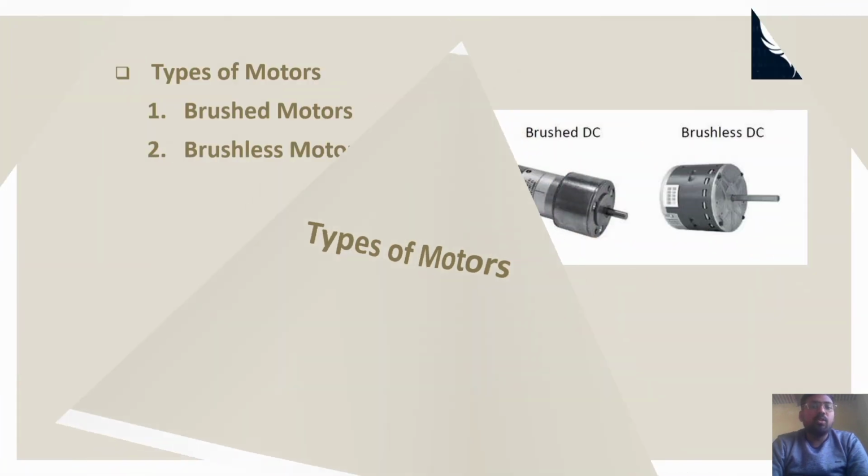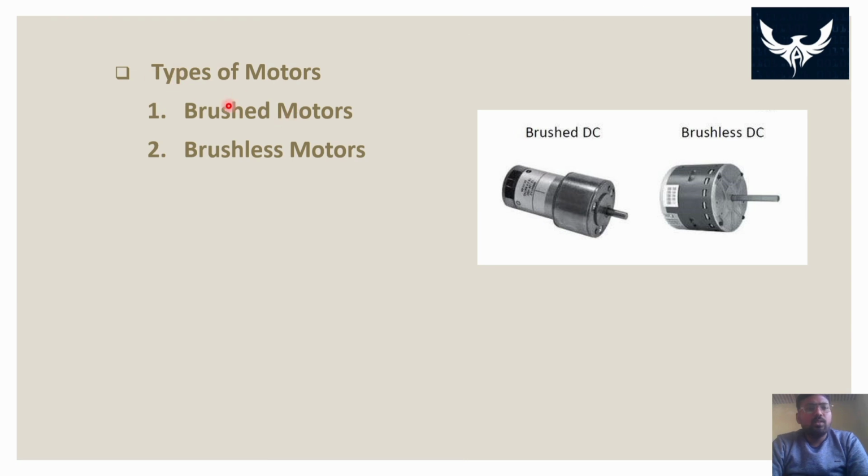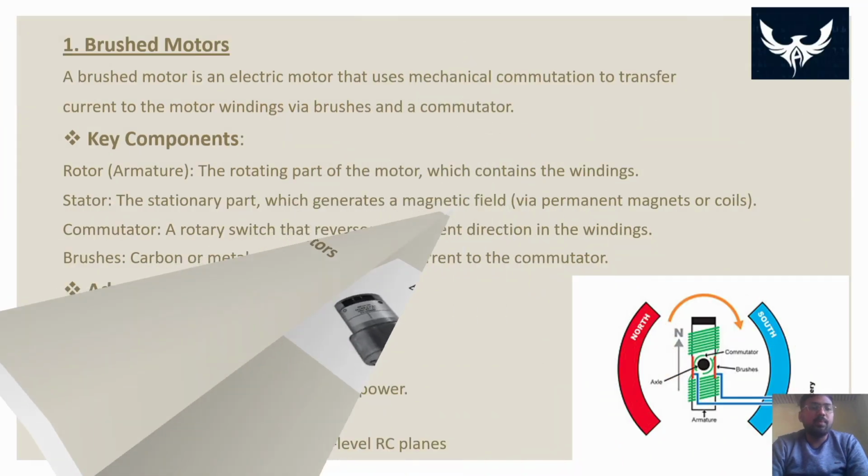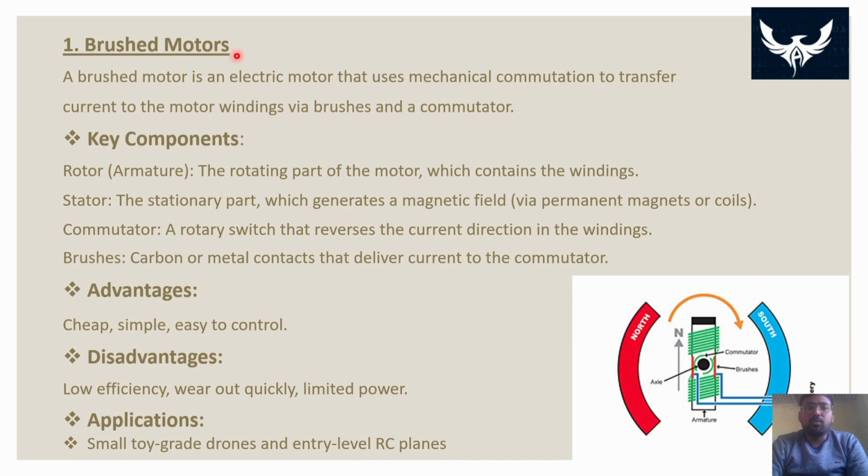So what are the types of motors? Types of motors: brushed motors or brushless motors. Now let's see what brushed motors and brushless motors are. First, brushed motors. A brushed motor is an electric motor that uses mechanical commutation to transfer current to the motor winding by brushes and commutator.